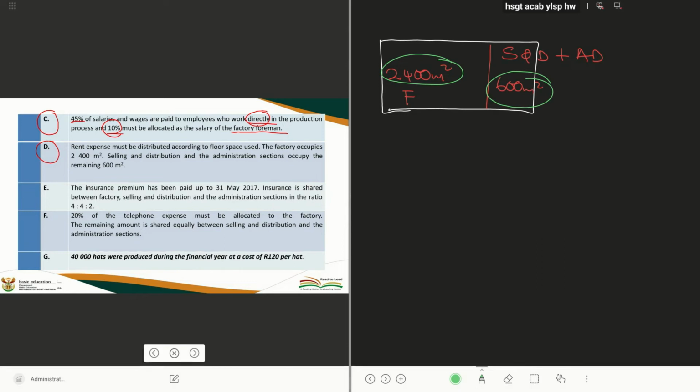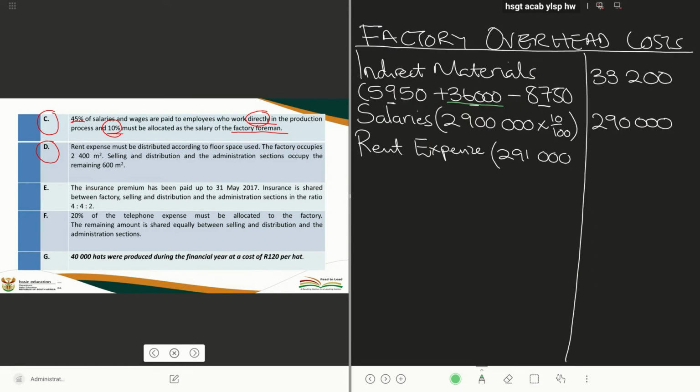Now, it simply means the total floor area of this whole building is 2,400 plus 600. How much is it? Yes, 3,000 square meters. Then the question is, what part of this 3,000 is the factory occupying? The factory is occupying 2,400. That means if I'm to calculate, I'm now coming here to say, of my rent expense, which is 291,000, multiplied by how much the factory is occupying, 2,400, and what is the total floor area? 3,000.